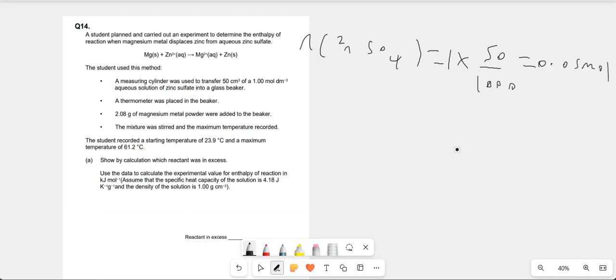Then I need to find the moles of magnesium, which is basically going to be 2.08 over 24.3, because I've got the mass of magnesium, which is 2.08, and I know the Mr is 24.3, which you can get from the periodic table, or it might even say it here.